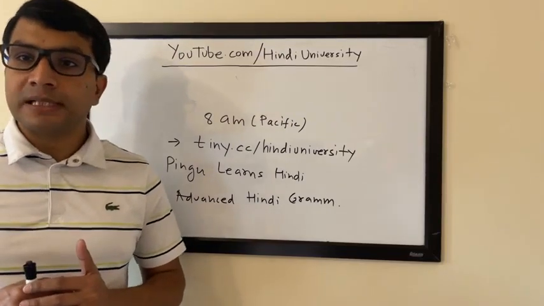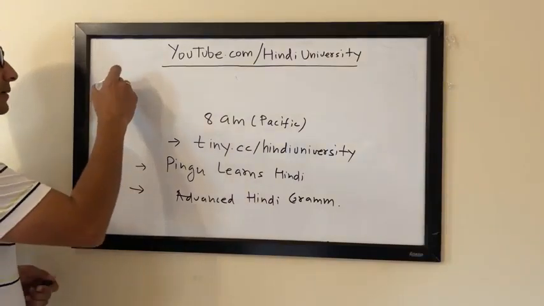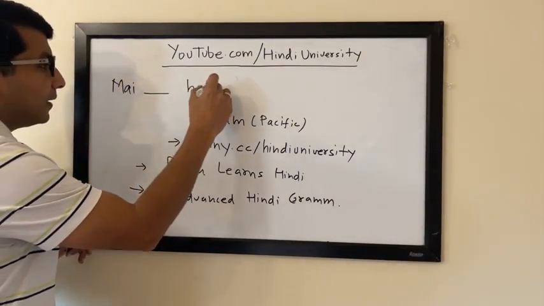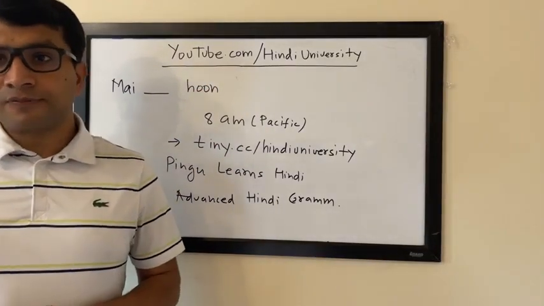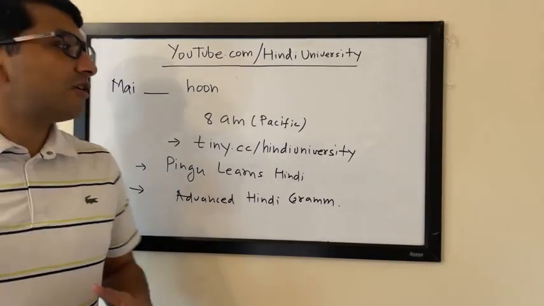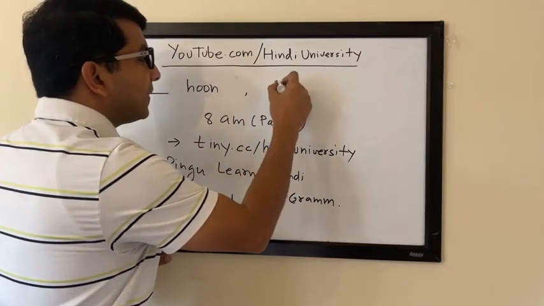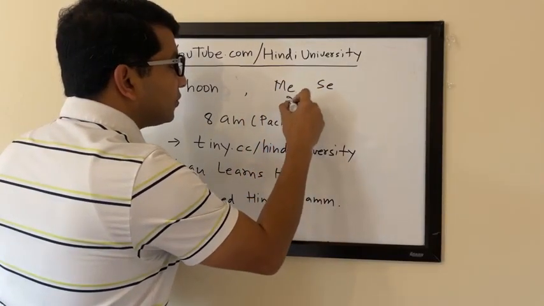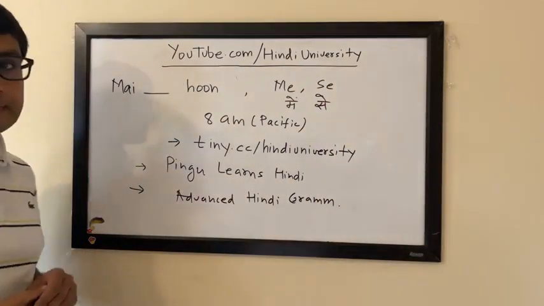To give a little bit of context, in the last 2 classes, what we covered so far is basically the introduction in Hindi, how with just a simple pattern called main, hoon, you can say 6 or 7 or even more types of sentences and introduce yourself. Then we also covered the use of mein and se postpositions and how to make simple sentences.